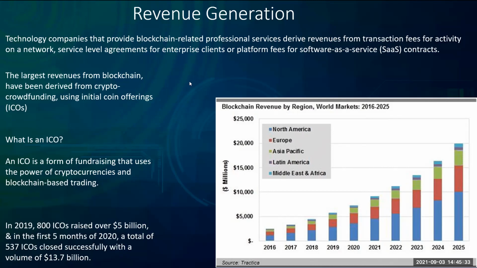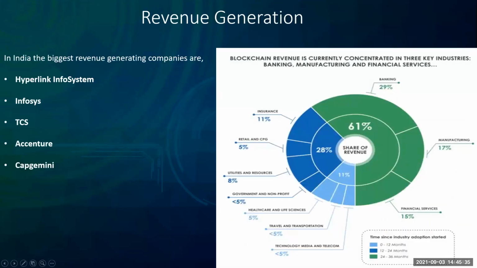We can see the companies that produce the maximum revenue for servicing blockchains: Hyperlink Infosystem, Infosys, TCS, Accenture, Capgemini. Now, these companies don't use blockchain themselves. They are more like outsourcing companies who provide their services to other industries.